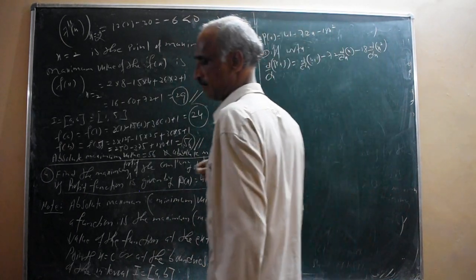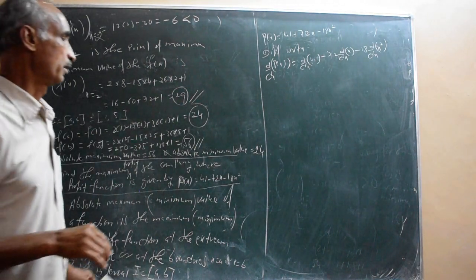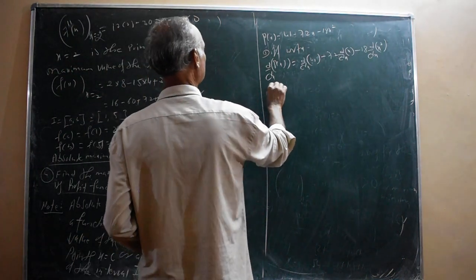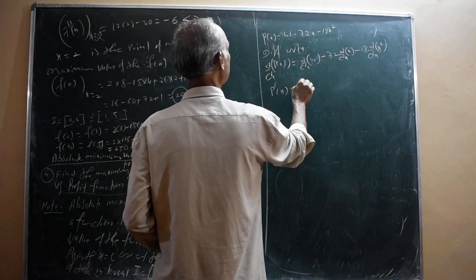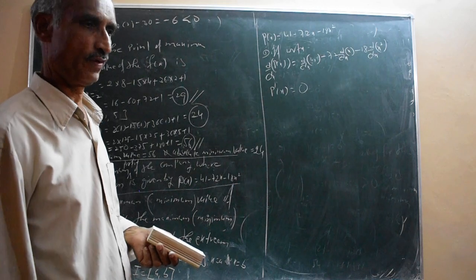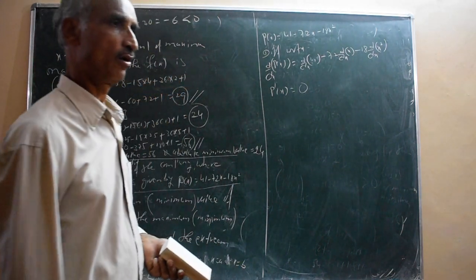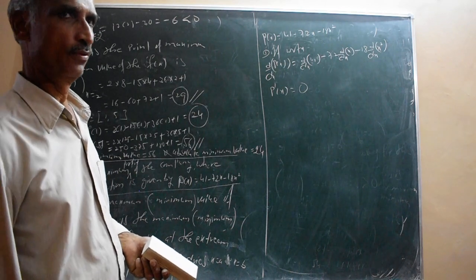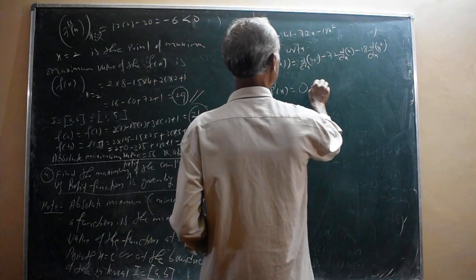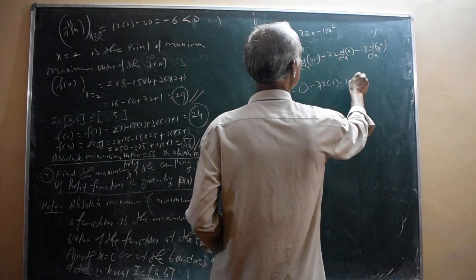Whenever plus or minus is there, you have to differentiate each and every term. Therefore, p dash of x is equal to 41 differentiation. D by dx of p of x is p dash of x, the first order derivative. P dash is first order, p double dash means second order derivative. 72 into x differentiation with respect to x is 1, minus 18 into 2x.